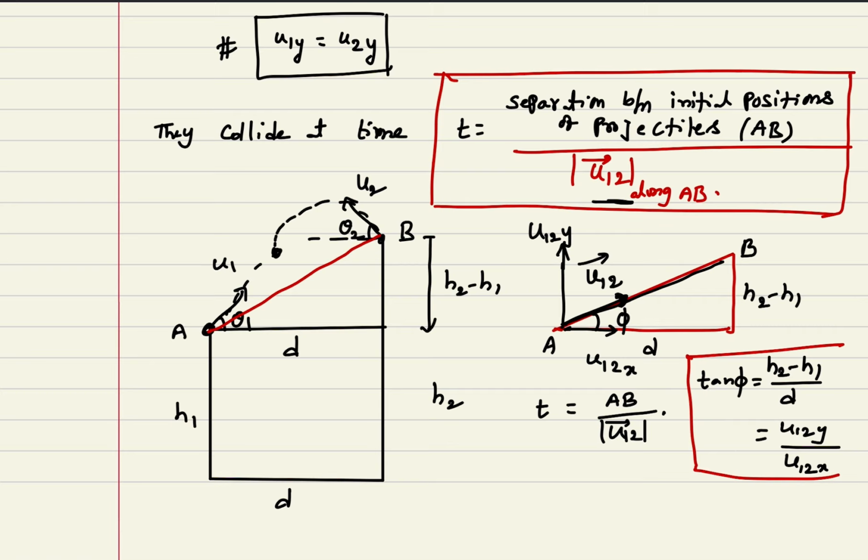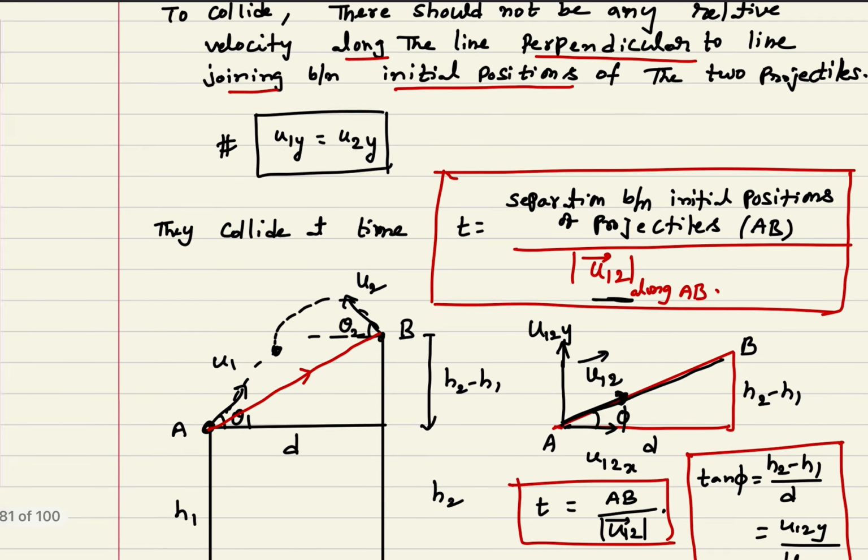So this should be tan phi. By using these two relations, you can calculate the time of collision also. Observe carefully how to calculate the time of collision between two projectiles, whether projected from the ground or from a certain height. You have to calculate u12 bar and proceed, and you will get the answer.